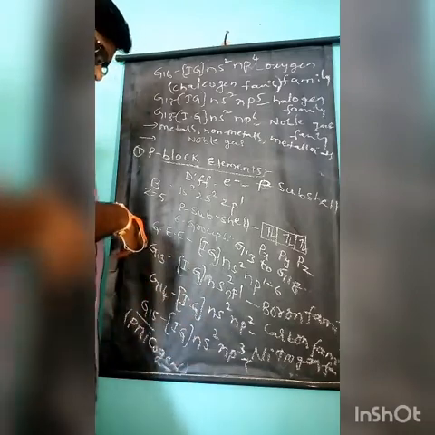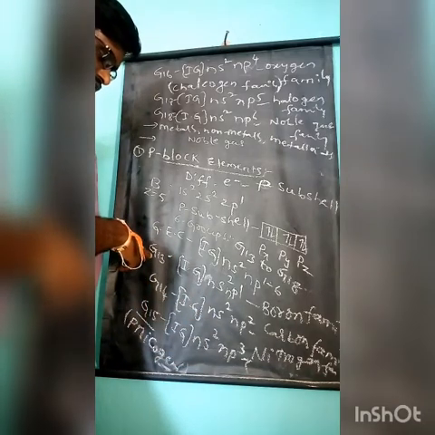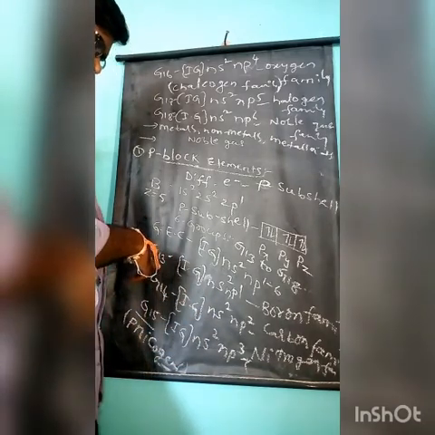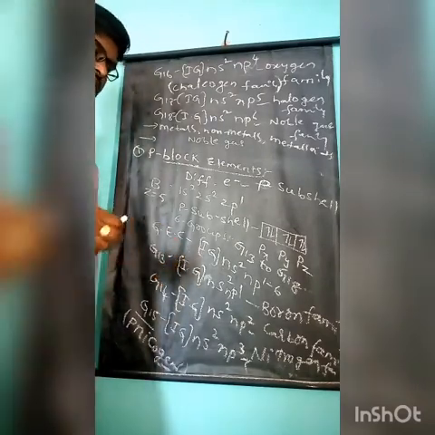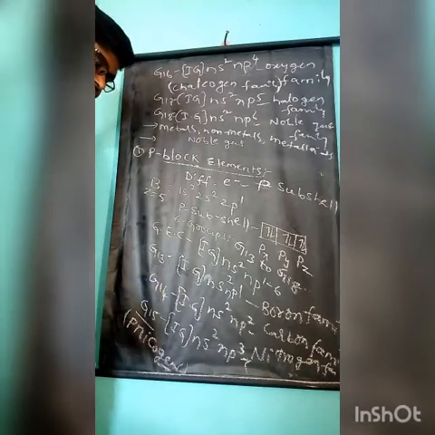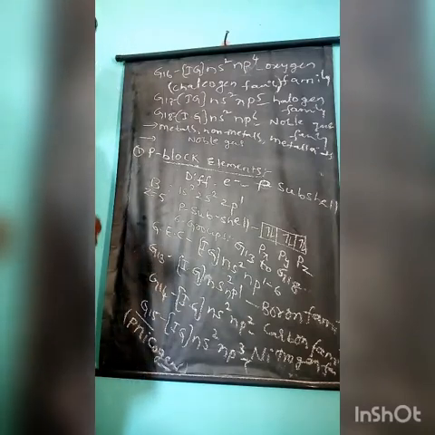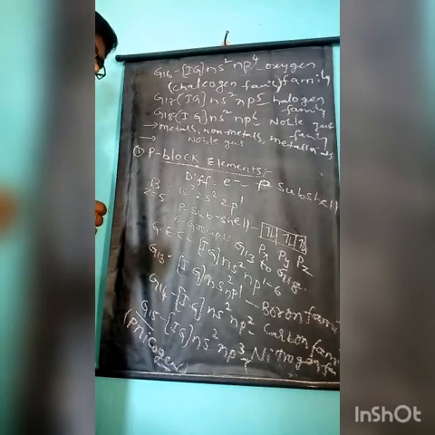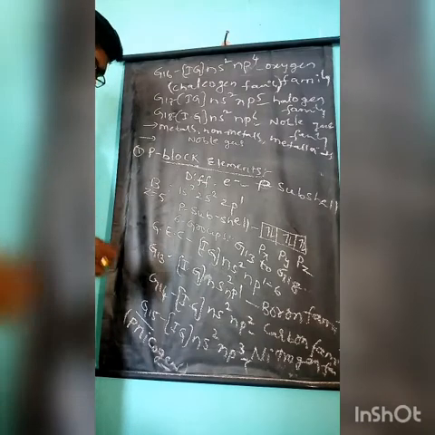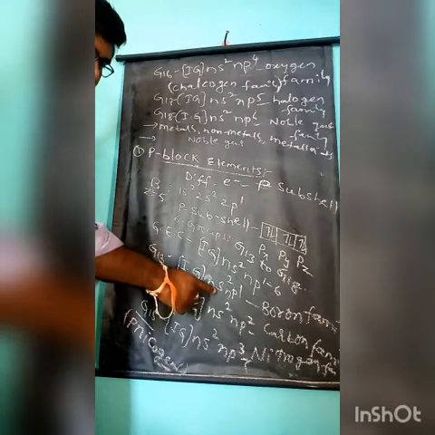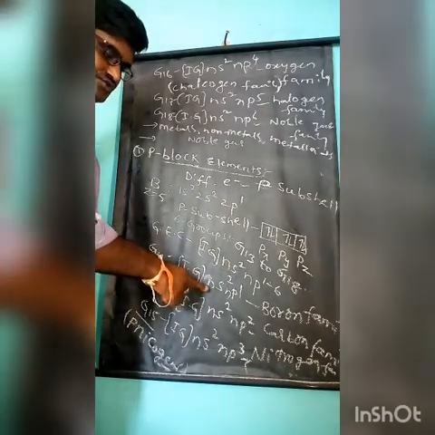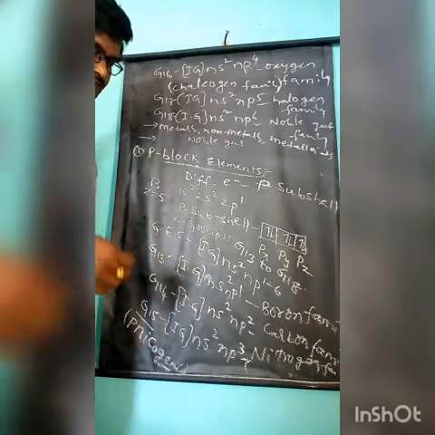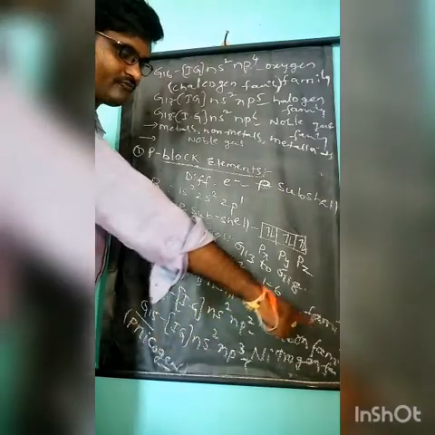Next point, the general electronic configuration of the G13 group is inert gas ns2 np1, which is called the boron family.